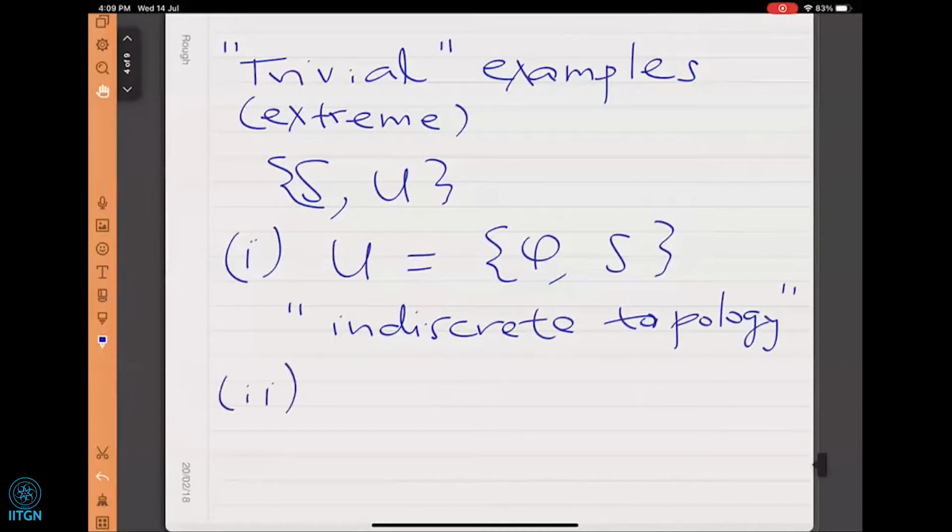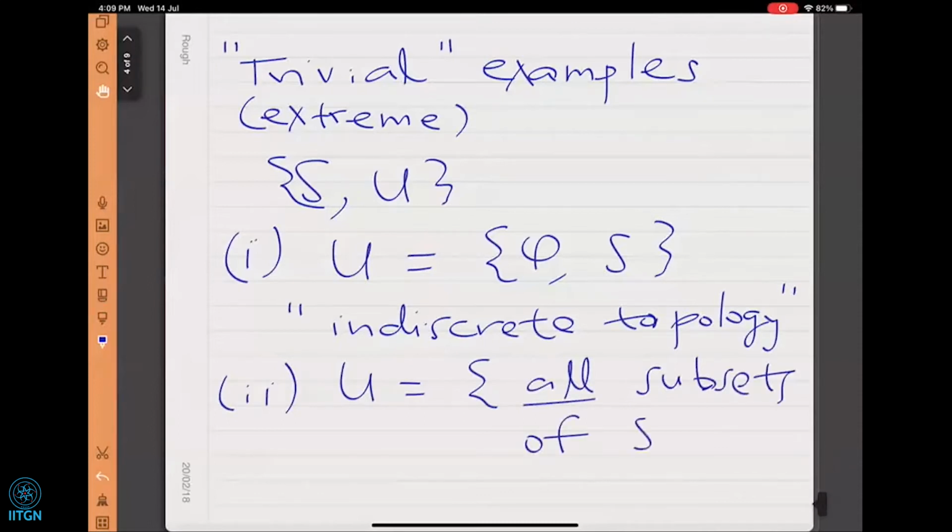Now, there's another extreme example, which is U equals the power set of S, that is all subsets of S. It's the collection of all subsets. So in the first example, we have no open sets except phi and S, which have to be always there. While in the second example, every subset is there in the collection of open sets.